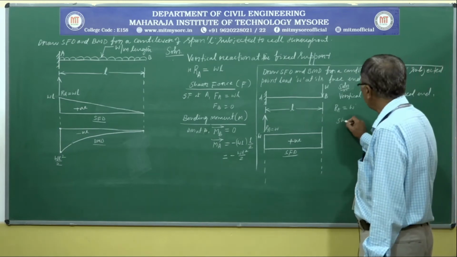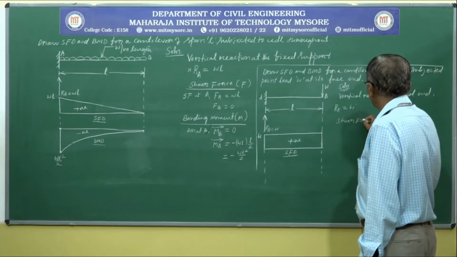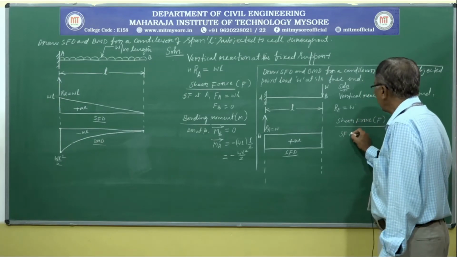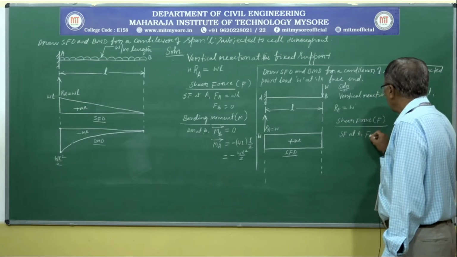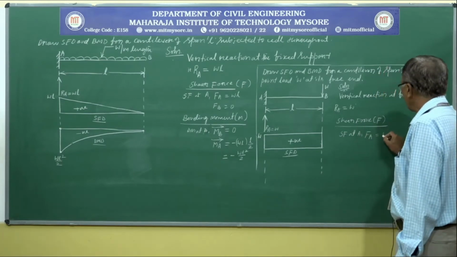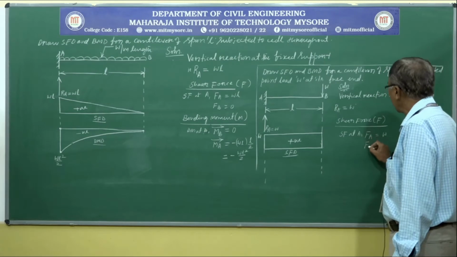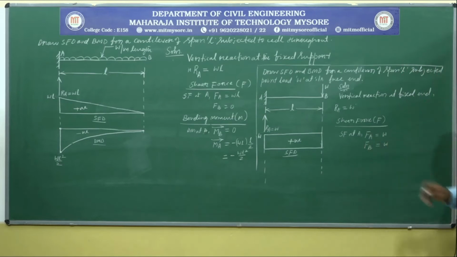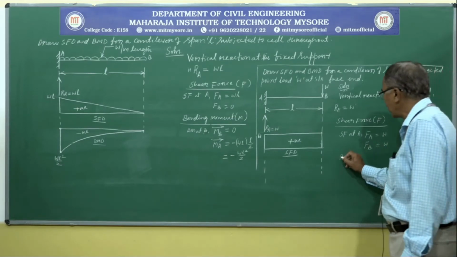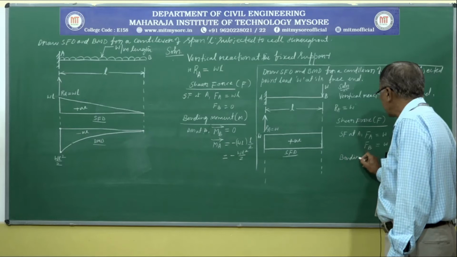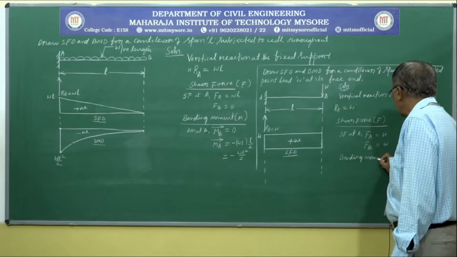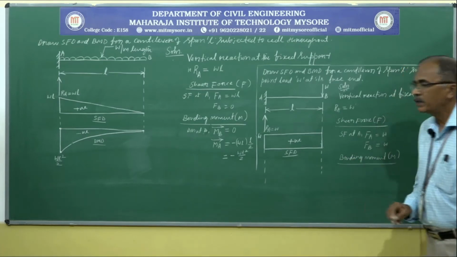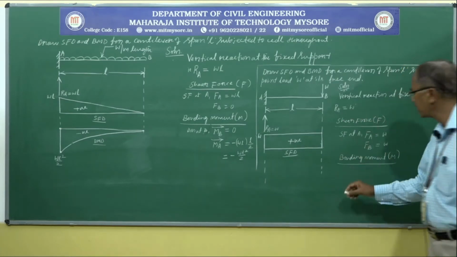Shear force at A, FA is equal to W, then FB is equal to W. Of course, another value is 0. Next, bending moment. Now consider the forces from the free end.